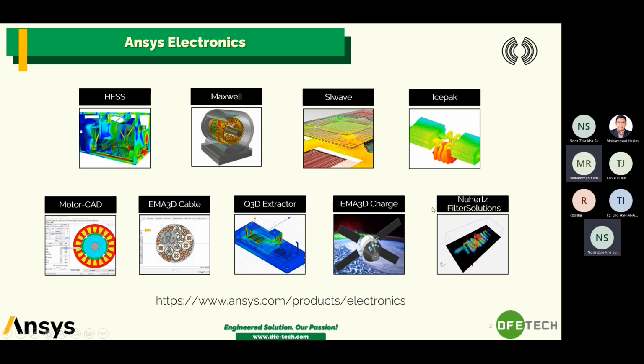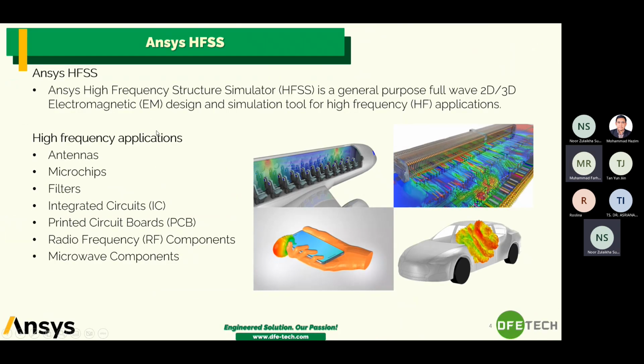You can learn more about this on the Ansys website, /product/electronics. For today, I'll be using Ansys HFSS. So what is Ansys HFSS? HFSS stands for High Frequency Structure Simulator.